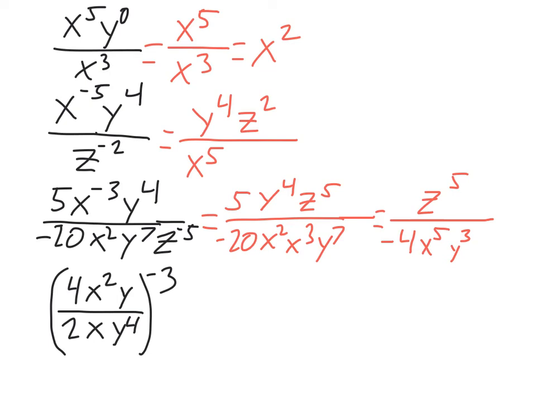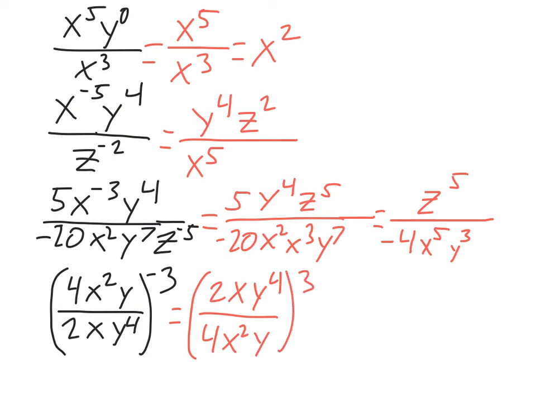So first, to make it easy, let's flip it. So we've got 2x y to the fourth over 4x squared y, and that's all being raised to the third. So all we did was get rid of this negative here and flip everything.